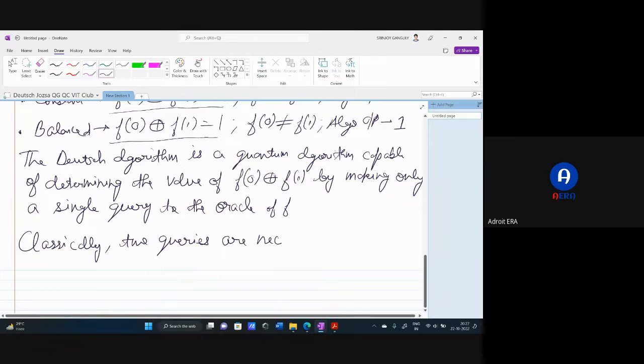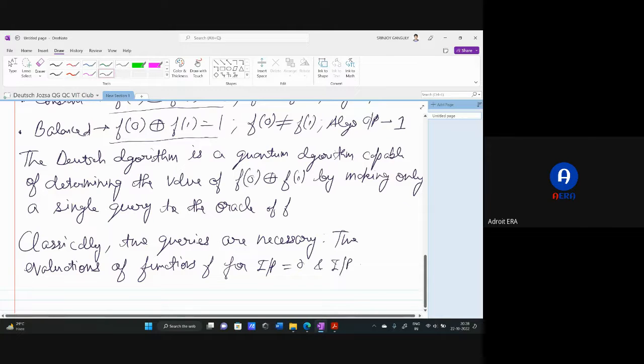How are two queries necessary? Two evaluations of the function f need to be done, for input equal to 0 and input equal to 1.